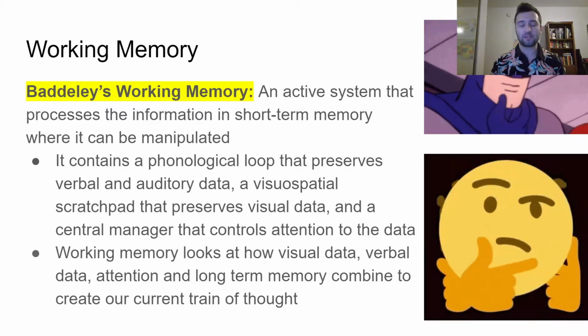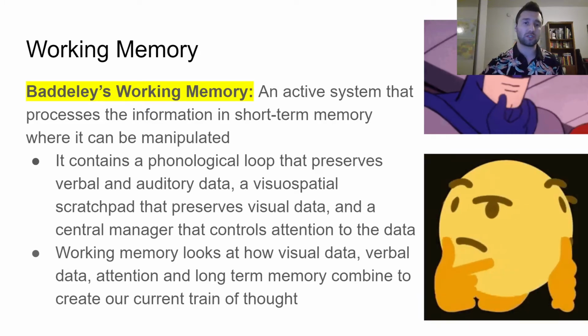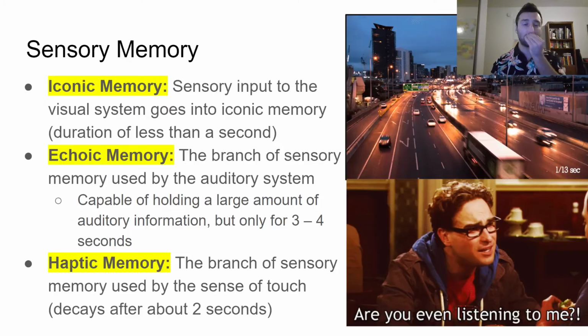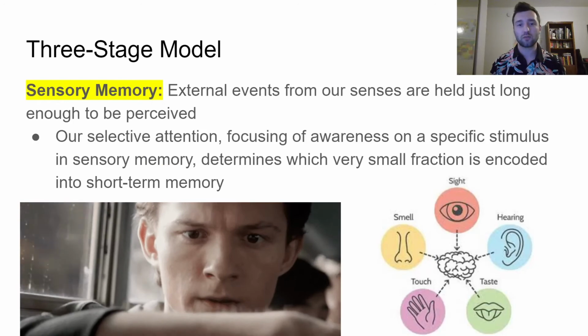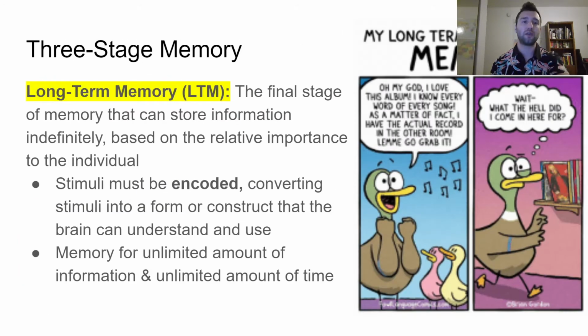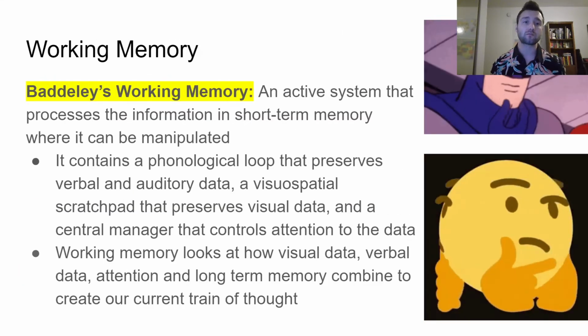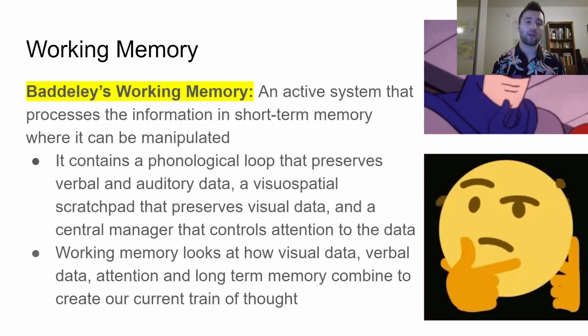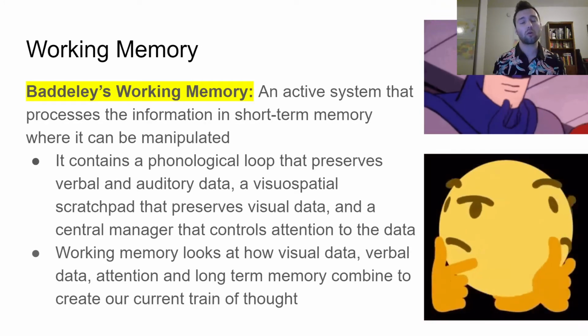Okay, again, the big piece is that this is what's happening consciously. We aren't necessarily consciously paying attention to our sensory memory. We aren't necessarily consciously paying attention to our long-term memory. We're consciously thinking about and using our short-term memory or our working memory.